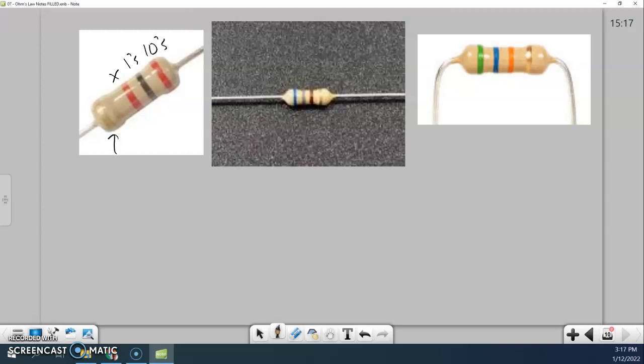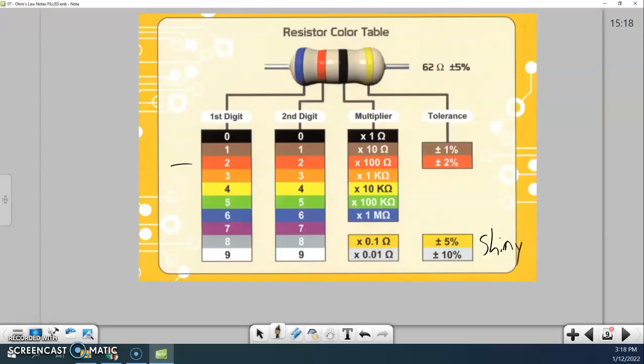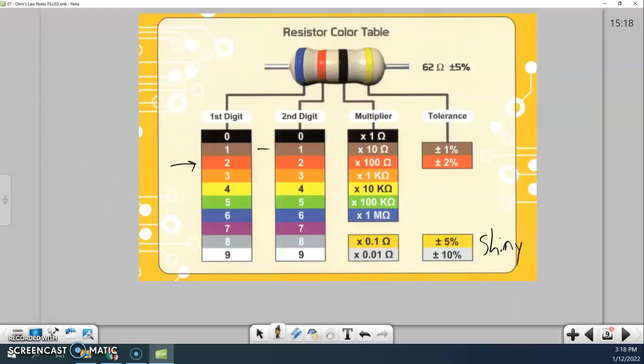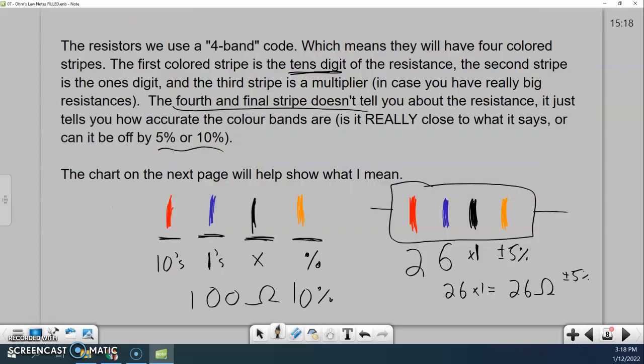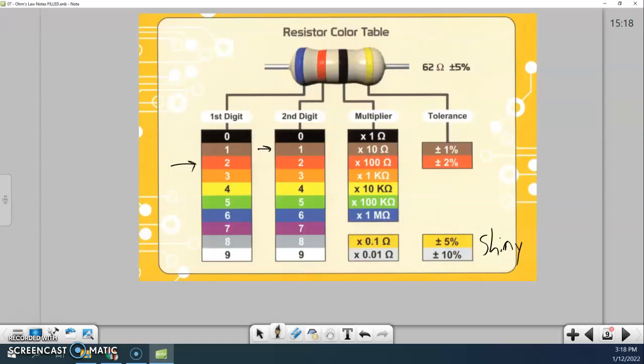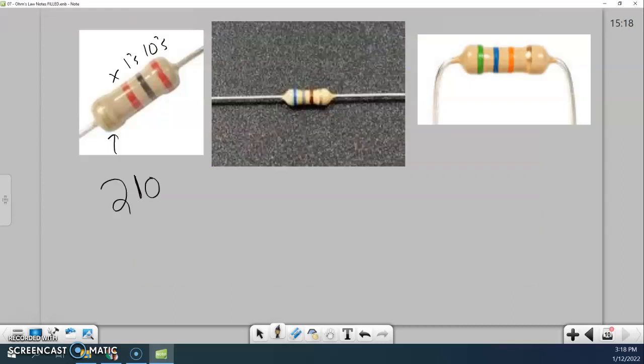So I've got a red band, I've got a brown band, 21, times, I've got a red band, times 100, 2100, and I've got a gold band, plus or minus 5%.